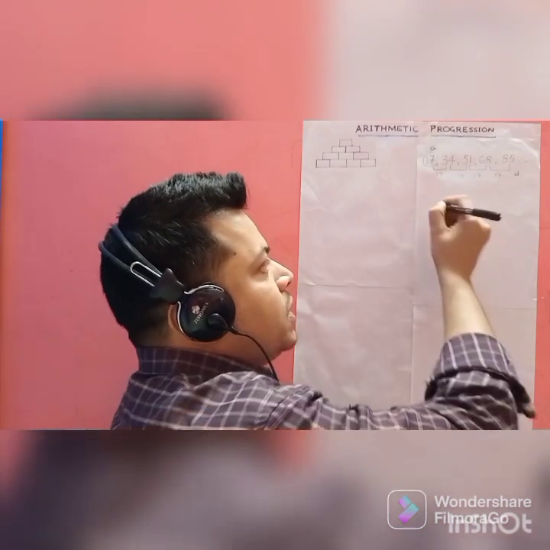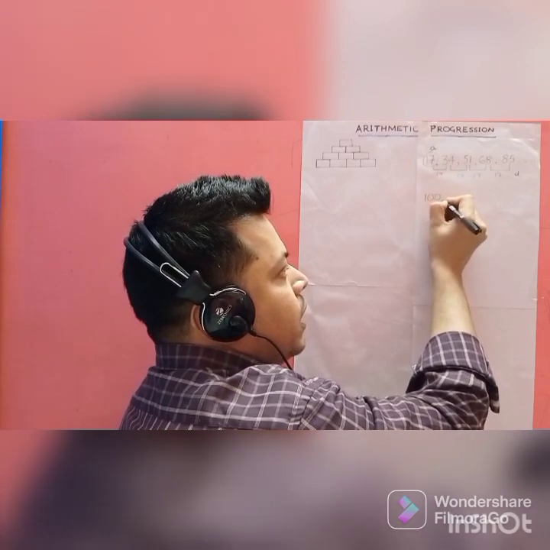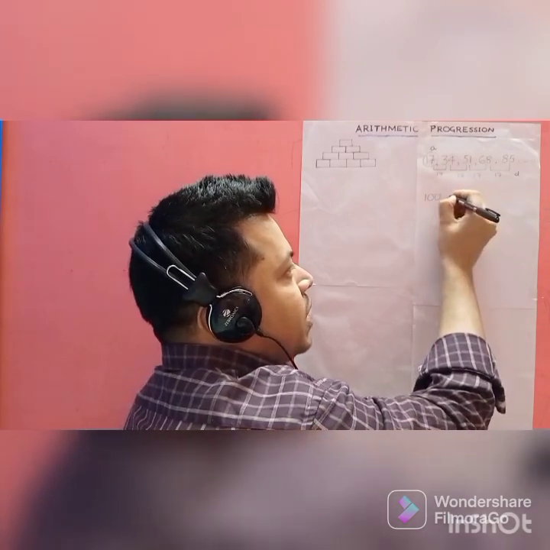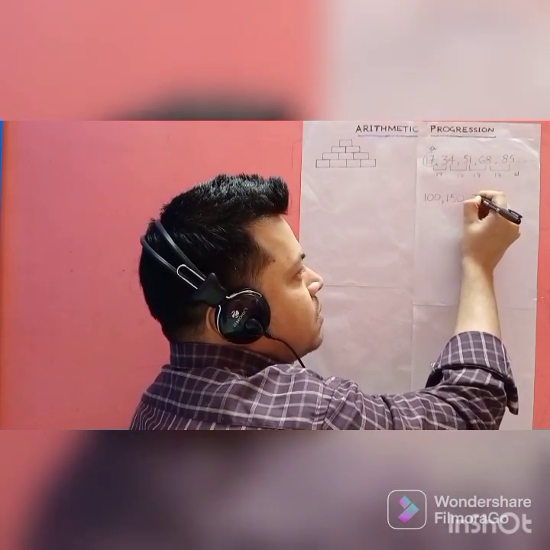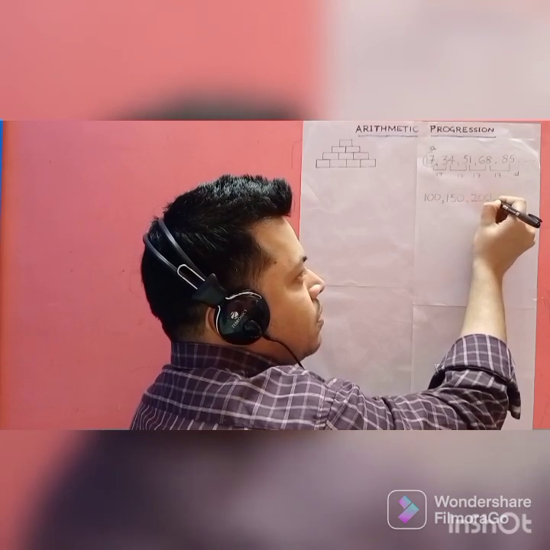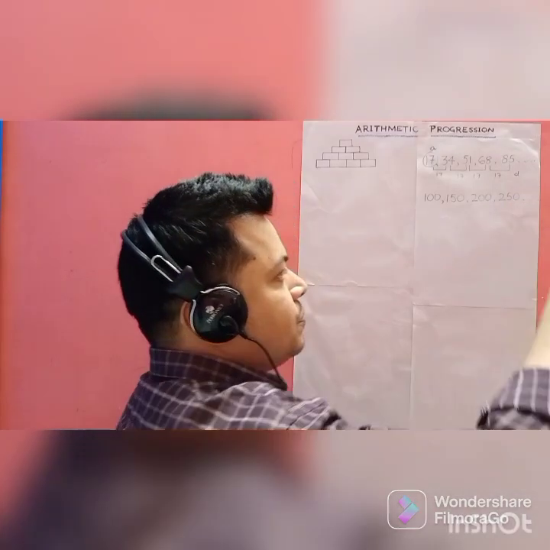Now, one more example I would like to add over here. Suppose a father told his son that if you study well, then I will add rupees 50 every month to your pocket money. So, if the first month's pocket money is rupees 100, then in the next consecutive month it would be 150, and for the next month it would be 200, and for the next month it would be 250, and so on.